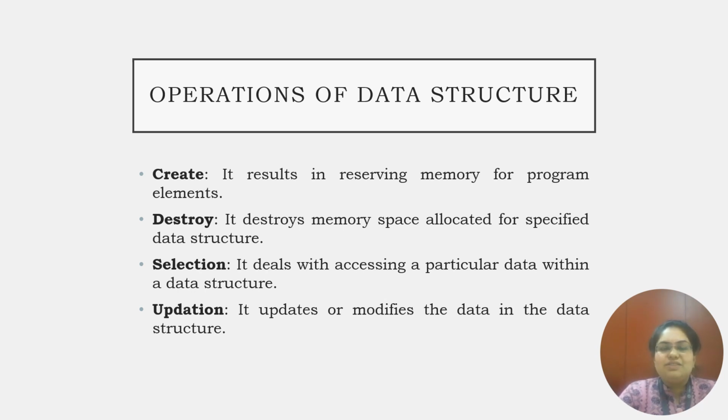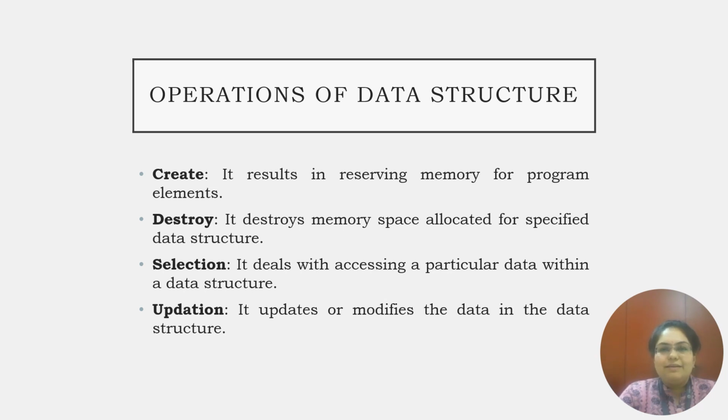Another operation is destroy. It destroys memory space allocated for the specified data structure. The free function of C language is used to destroy the data structure. Selection. Selection selects specific data from the present data.